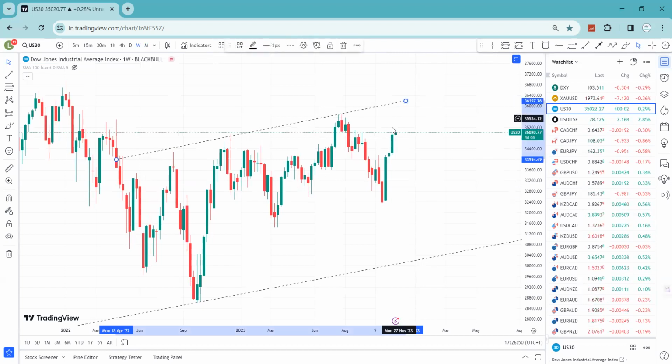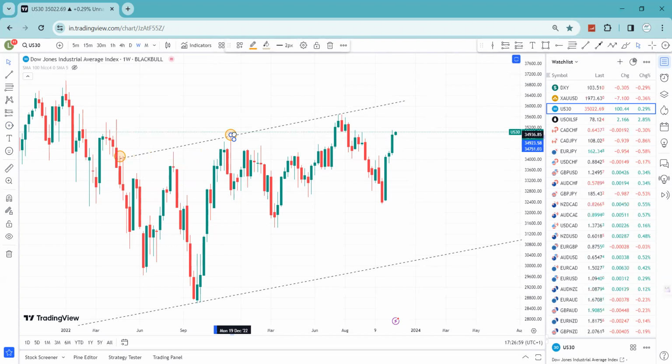So I was able to draw this trend line, considering this swing high here, this swing high here, and this swing high here as well. US30 was falling massively, that was last 3 weeks or a month ago, right? I needed to know where this fall is going to stop.